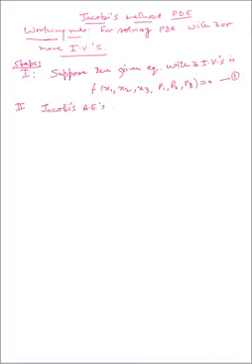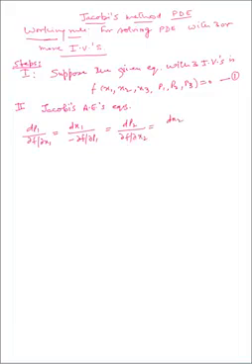And these equations are dp1 upon del f upon del x1 is equal to dx1 upon minus del f upon del p1 is equal to dp2 upon del f upon del x2 is equal to dx2 upon minus del f upon del p2 is equal to dp3 upon del f upon del x3 is equal to dx3 upon minus fp3. So fp3 means partial differentiation with respect to p3 with minus sign.